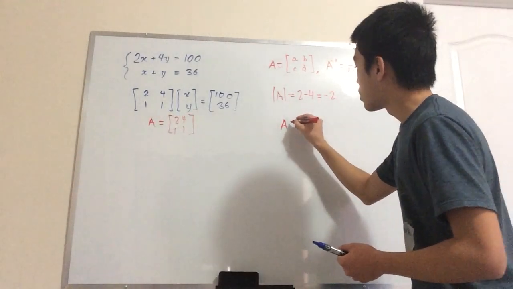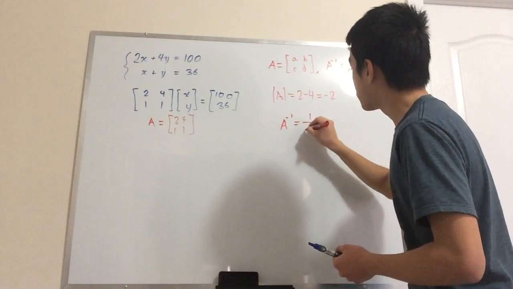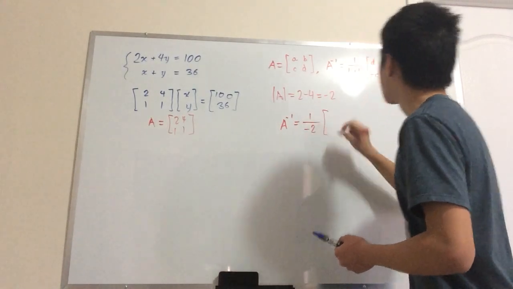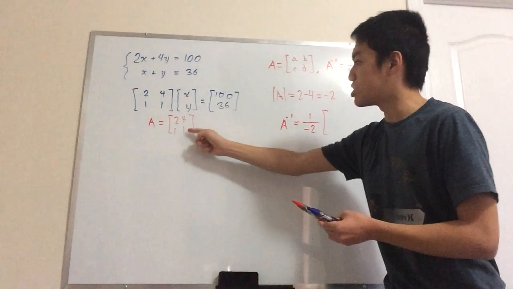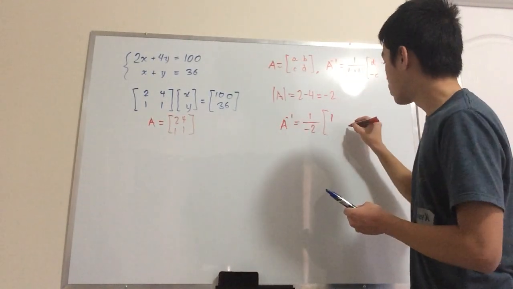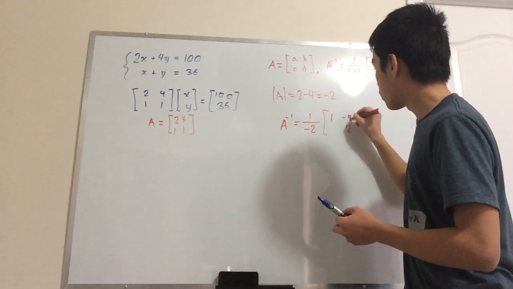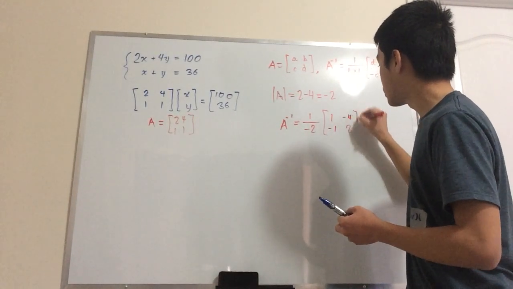So, A to the minus 1, the inverse matrix, is just 1 over minus 2 times d, which is just 1. And I'll put in a, which is 2. Then I'll negate the 4 and 1. Minus 4, minus 1. Just like that.